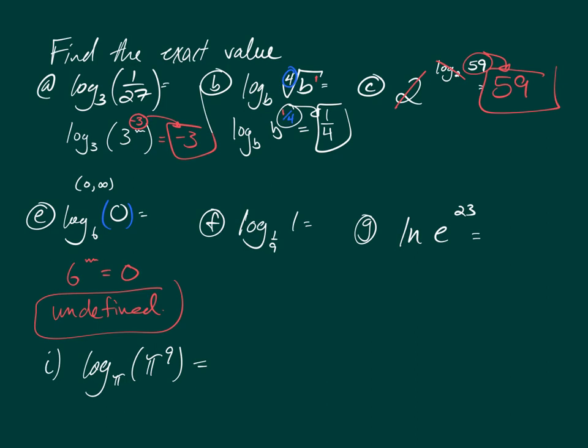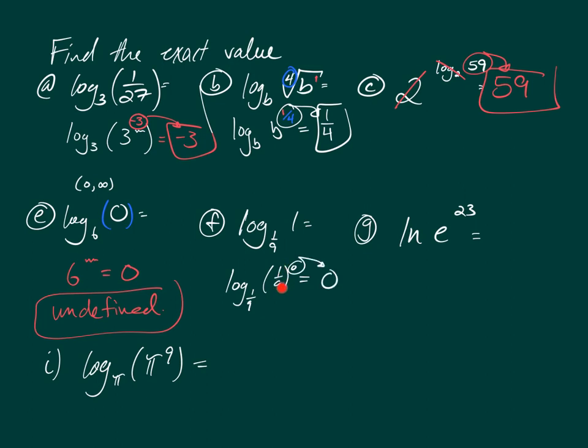For this next one, however, we are trying to figure out what power of 1/9 equals 1. Well, I already said if we can have matching bases, the matching base of the log with the base of the argument, then we can just say that this equals the exponent.